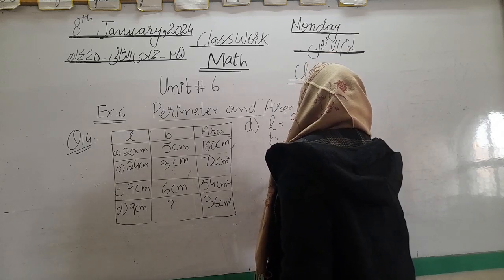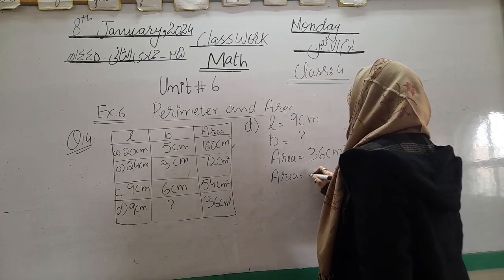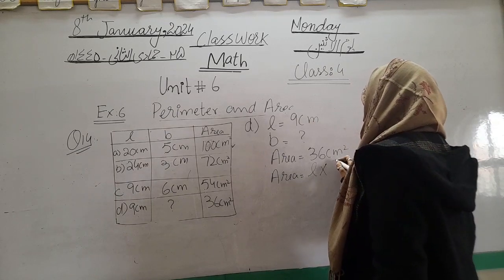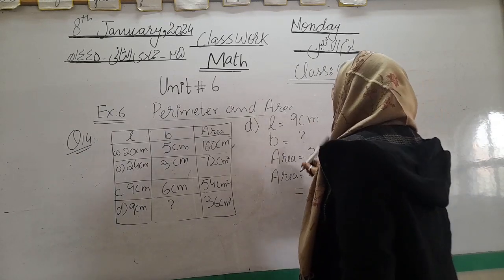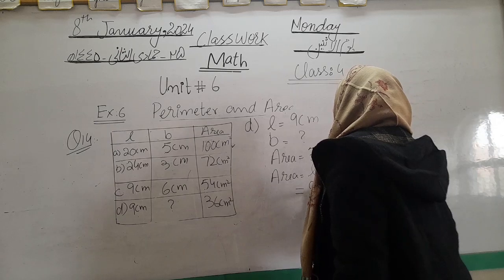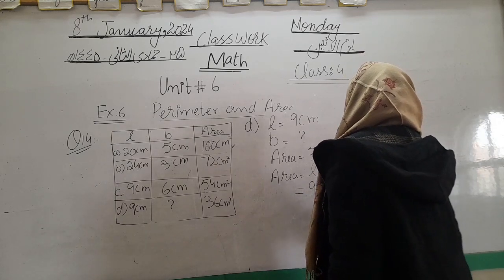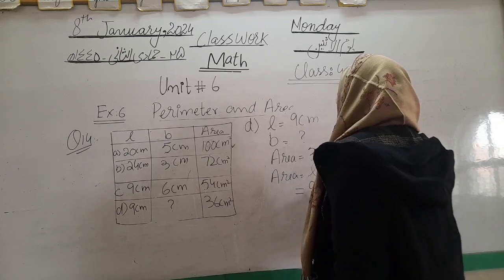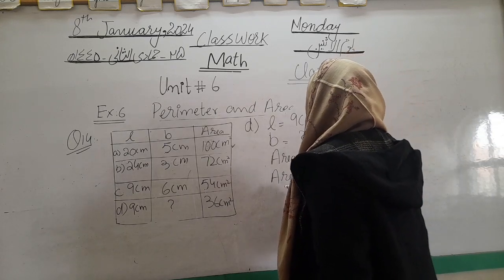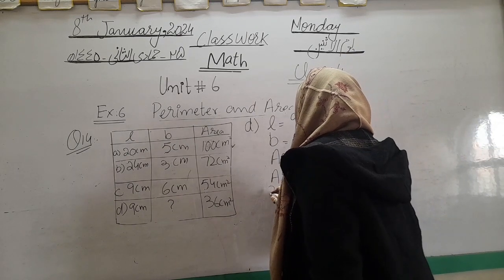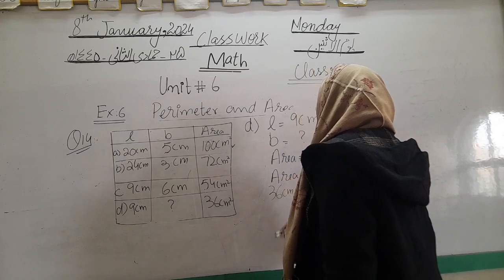What is the formula of area? Area is length multiplied by breadth. Good. Length is equal to 9 centimeter and breadth we have to find. You will write B. And area is 36 centimeter squared.